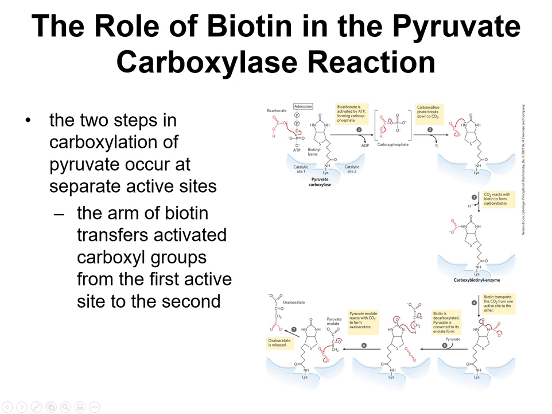So we've got the first reaction, which is activating that carbon dioxide or the bicarbonate with ATP, and you form a carboxyphosphate intermediate. That gets broken down, and then you end up adding it to biotin. That's here. Then you have that biotin arm swinging around and bringing that carbon dioxide to the second active site.